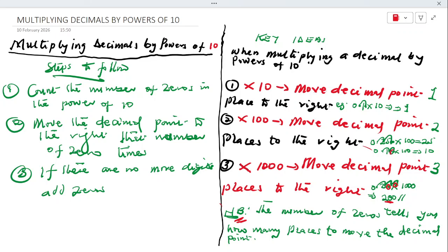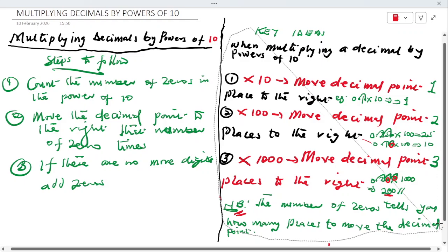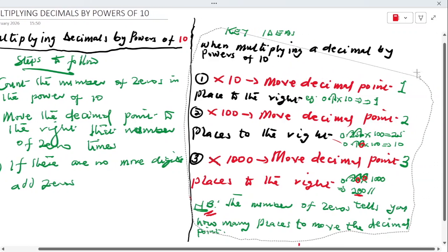This 0 to make it what? 10. So if there are no more digits after the last digit of the decimal fraction that we're given, you add what? Zeros to it. All right. So let's look at some examples then. So we are going to look at some examples and then see how best to put all that we have talked about right now into what? Into practice.